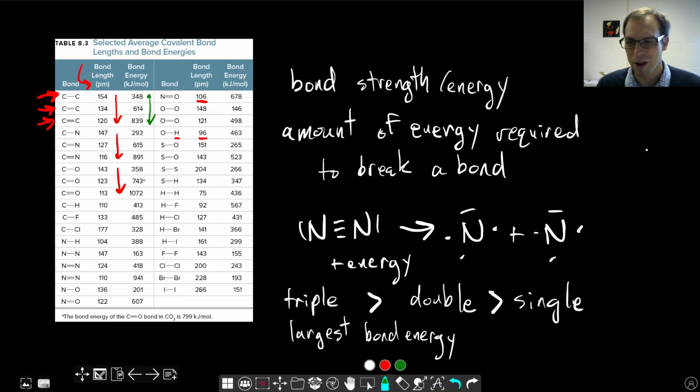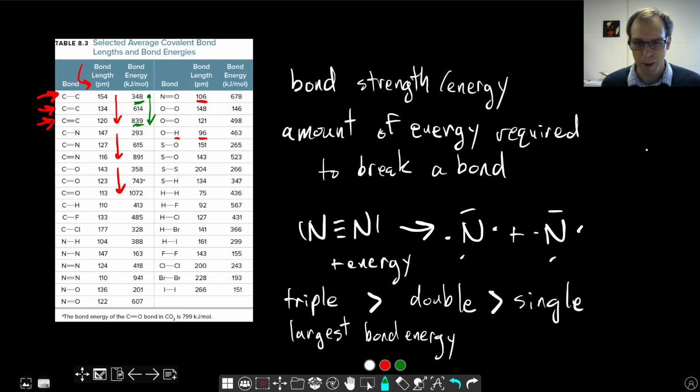Now the greater than signs are the correct way. But it takes more energy, much more energy, in fact more than double the energy, to break a carbon-carbon triple bond, this 839 kilojoules per mole, versus a carbon-carbon single bond. Again, you're going to want to compare these across similar kinds of atoms, but it just gives you some idea.